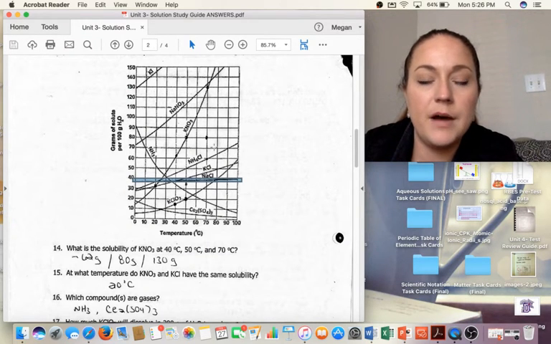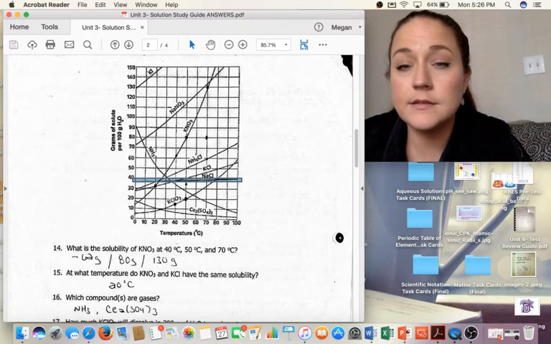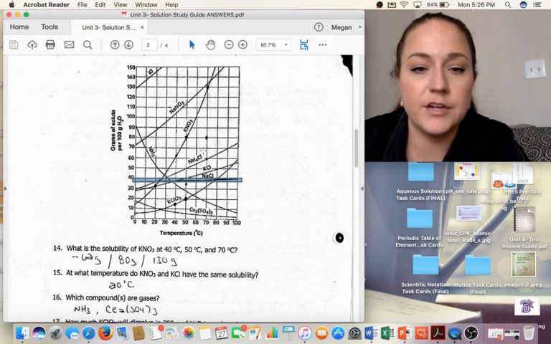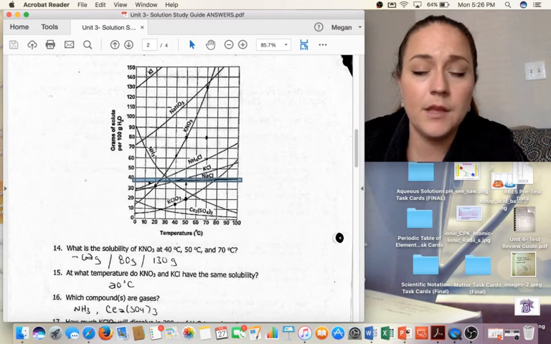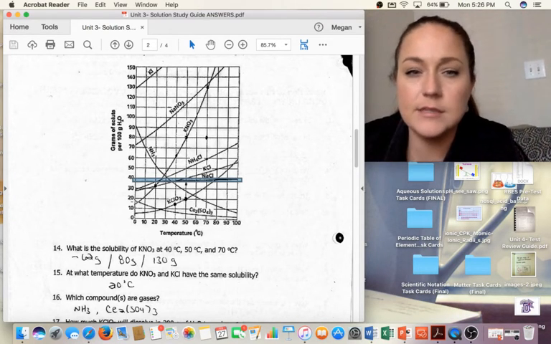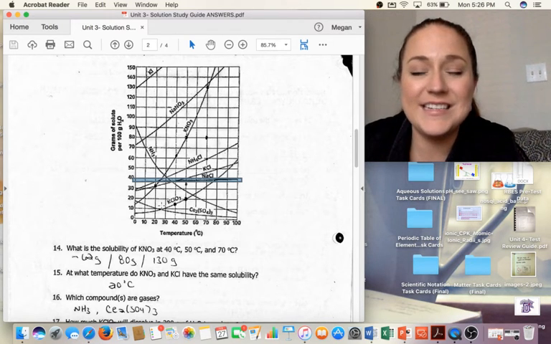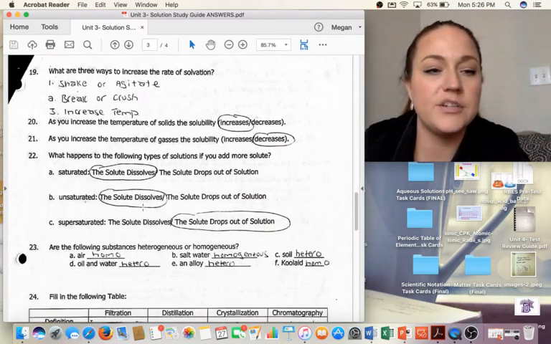Anything above this line plotted on this graph is going to be supersaturated. Anything physically on the line of NaCl is saturated. Then anything below this line, if you're just thinking about just this line in the plots, is going to be unsaturated. All right, next page. Number 19.